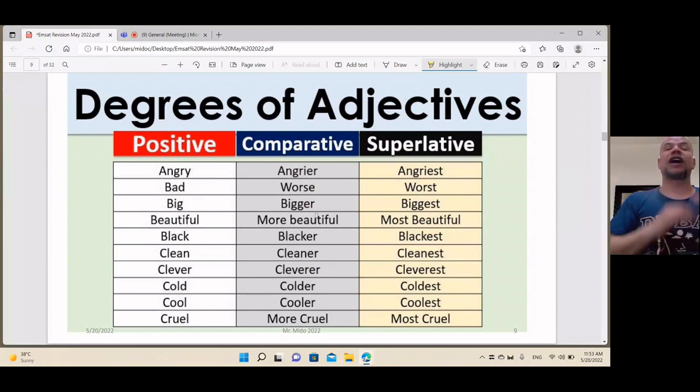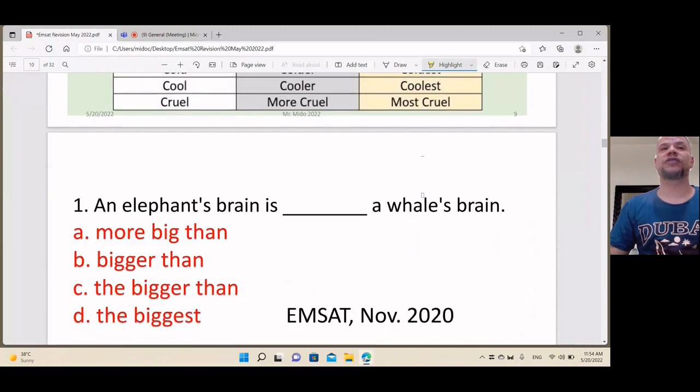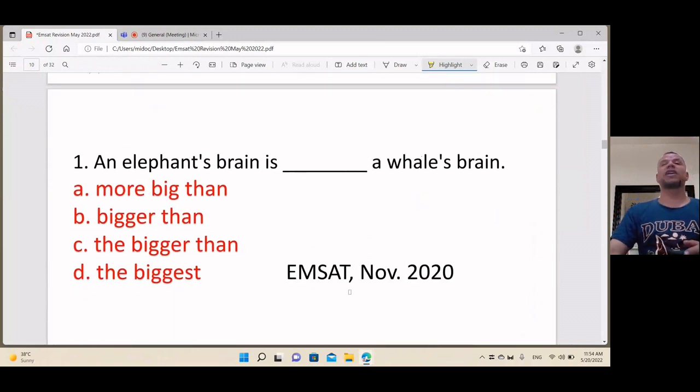Ali against the whole class. So that's it. We have examples here. Angry if you talk about one. Angrier than if you talk about two. Angriest, the angriest, means you talk about a lot of people against one man or one thing or one place. Good. Let's see some examples.